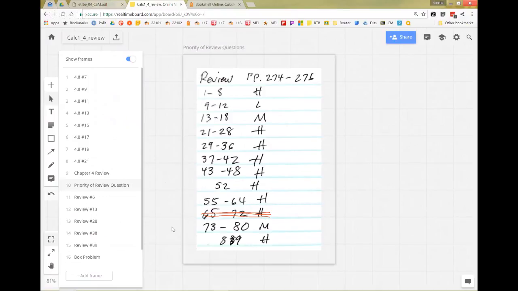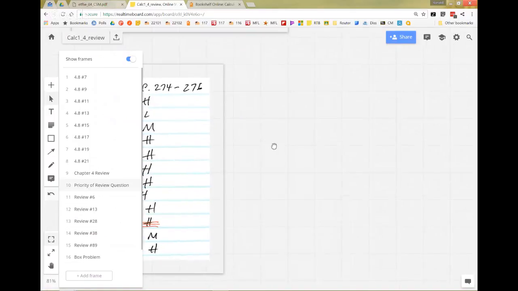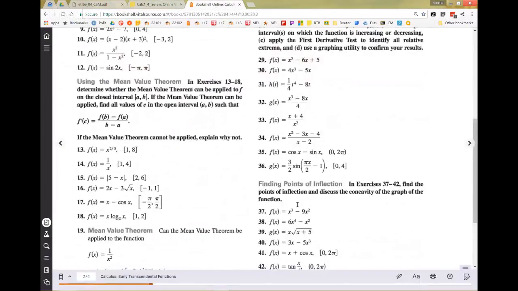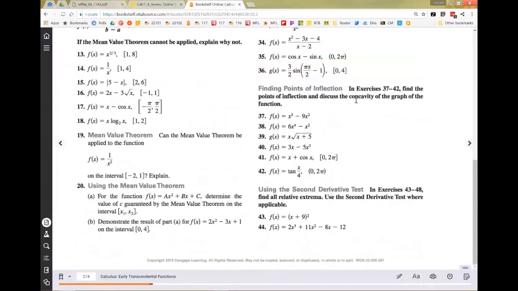Just flash the priorities up there again. Could we do number 42? Okay. Number 42. So let's go to the assignment. There's number 42. Okay.